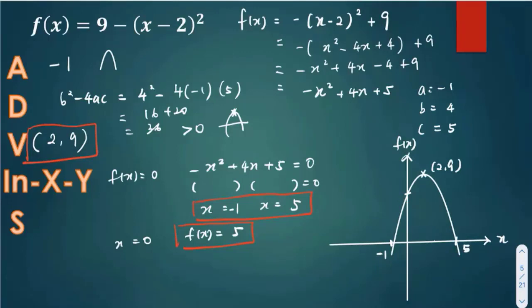Alia, is it the same? Do you agree with the answer that Megat gave? Is it 5? Yes. So you have to label everything. So it's 5. Then you label intercept y, intercept x, and the vertex. Then shape correct, then you get full marks.